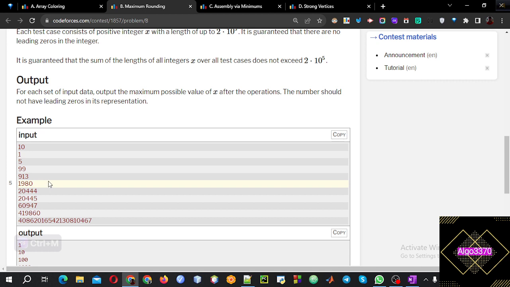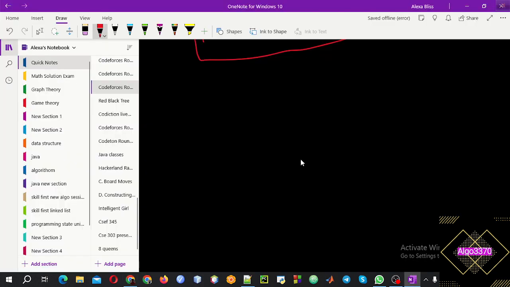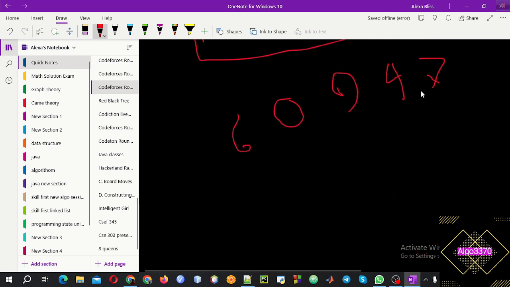Let's pick another example. This is 6947. This is mainly the sister test case of those test cases. When we pick 4, we can increase it to 5 and set the 7 as 0, giving 6950.